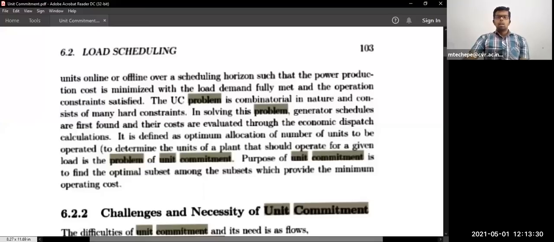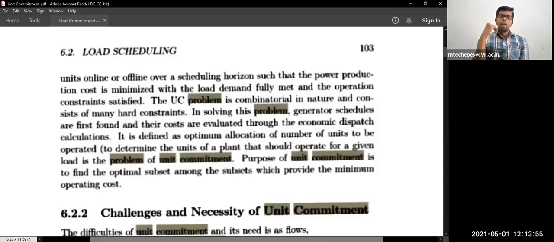In economic load dispatch, we try to find the minimum cost of generation, the fuel cost of unit 1, unit 2 and unit 3, and also the dispatched generation, the amount of power dispatched from the first, second and third generating units.